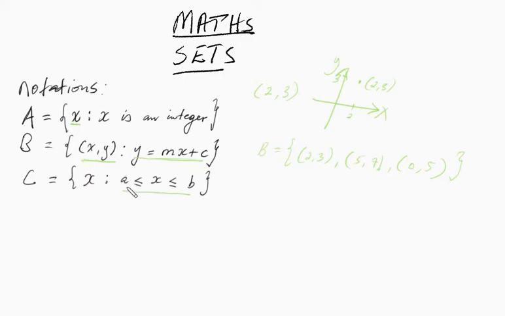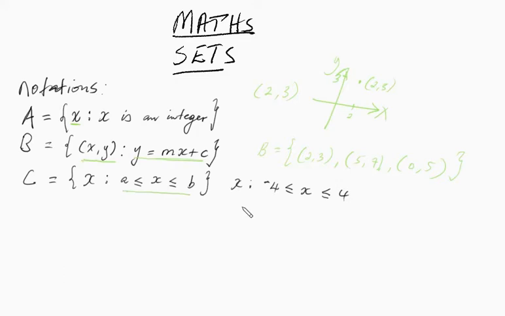It means that it is the set of x values which are between a and b. For instance, let's say x is such that minus 4 is less or equal to x, which is less or equal to 4. What does this mean?